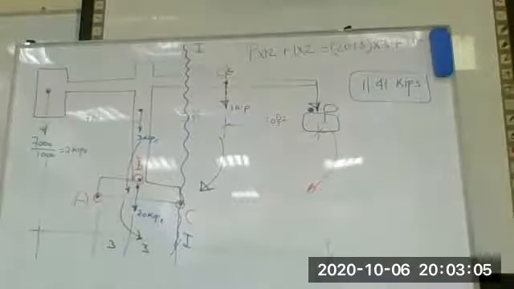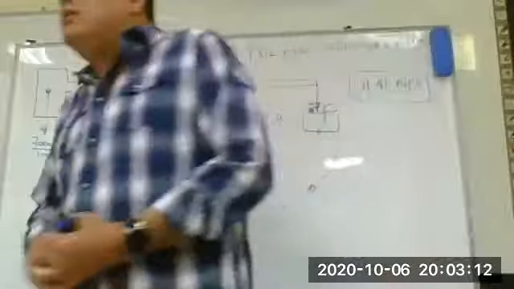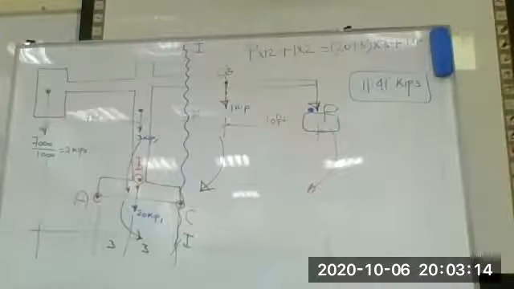1, 2, 3, 4, 5, 6, 7, 8, 9, 10. I have 10 engineers. Even if 150 for each engineer, 1,500. I am ready to pay now.